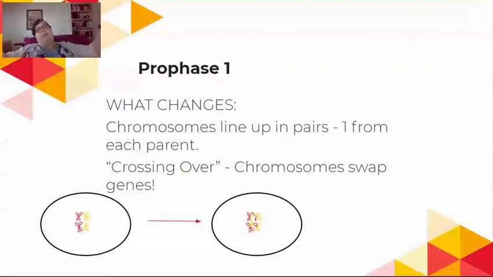So that now this chromosome over here is mostly the DNA that I got from mom with a little chunk of DNA that I got from dad. And this one over here is mostly DNA from dad with a little chunk that I got from mom. This process is totally random, and it's incredibly important because of reasons that you will see soon.